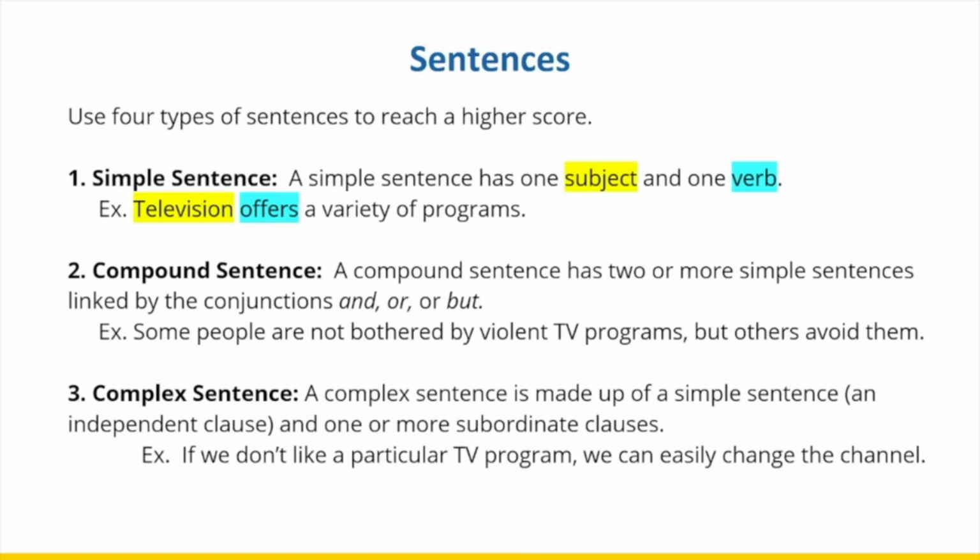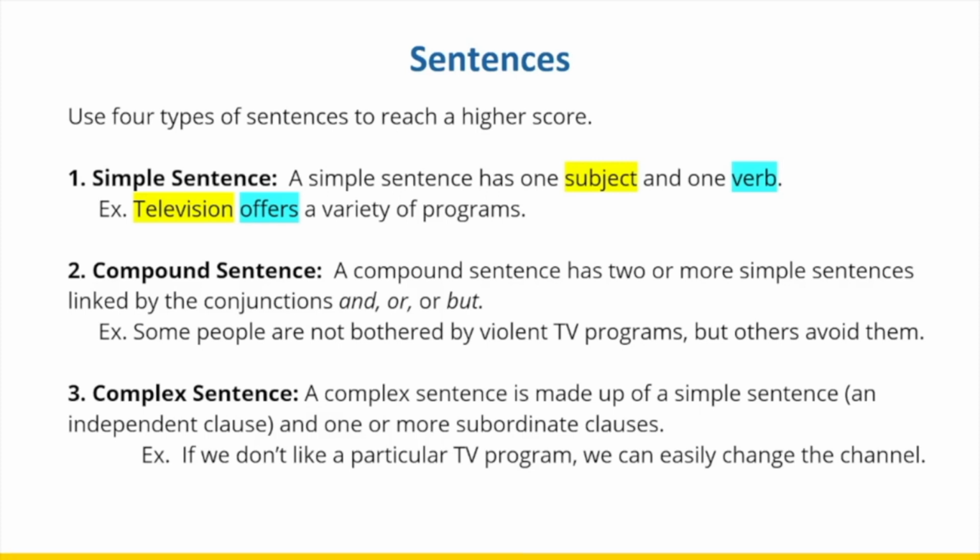And the following part, for example, we can easily change the channel. If you see the sentence, we can easily change the channel without the first part, it's still complete. That's why we call it an independent clause. But remember, if you begin your sentences with if, when, after, and we have many different words like those, you have to make sure that you have a comma in the middle.